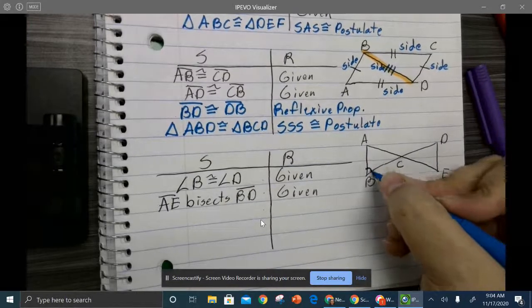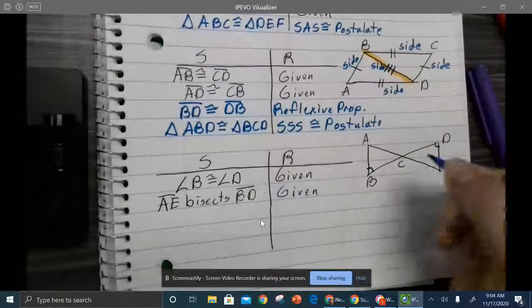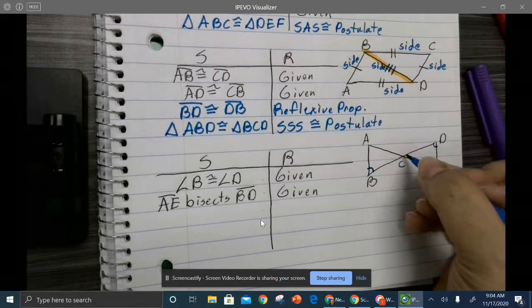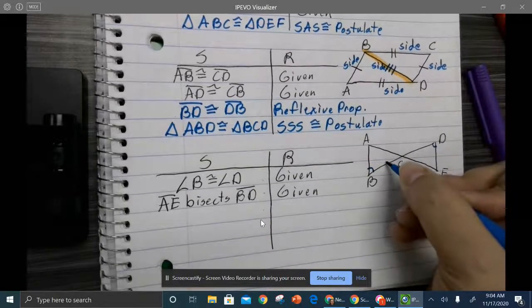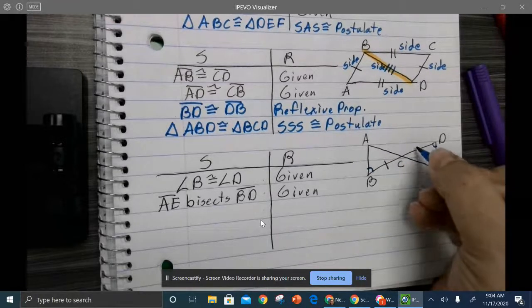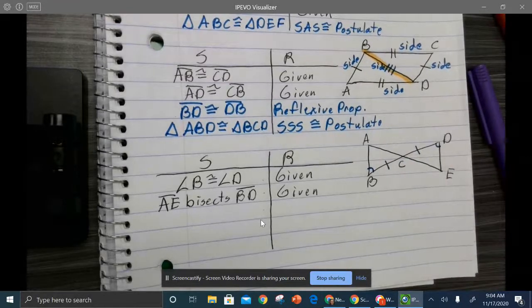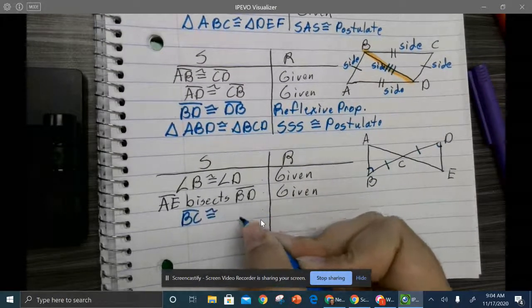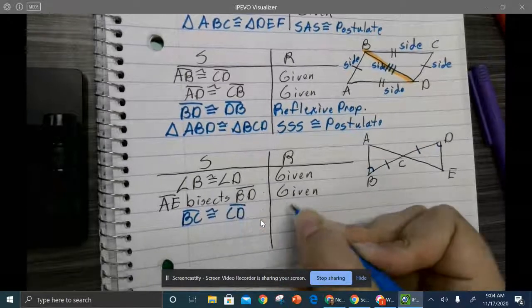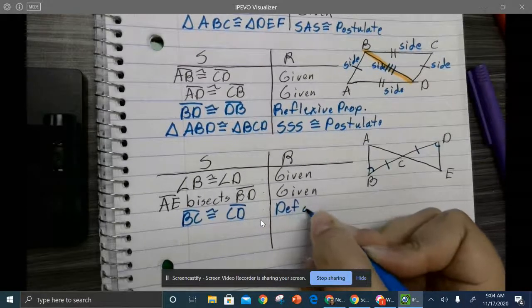So angle B is congruent to angle D. AE bisects BD. If it bisects it, everybody, that means it cuts it in half. Okay, and then that means that BC is congruent to CD by definition of a bisector.